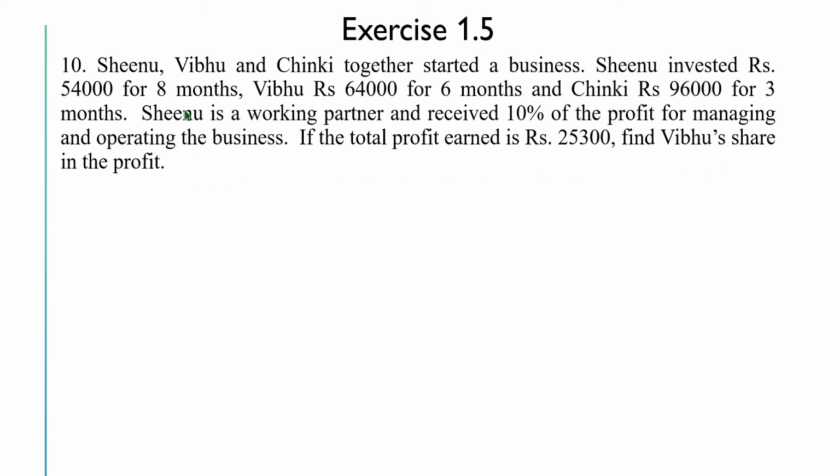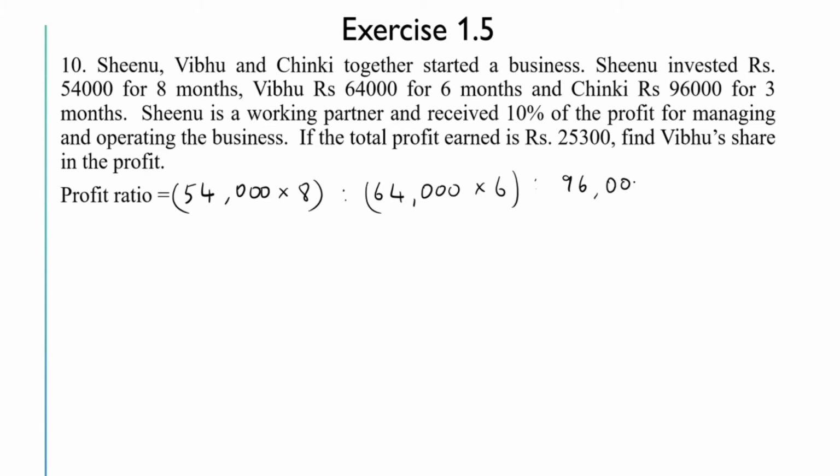The first step is we will calculate the profit ratio between Sheenu, Vibhu and Chinky. The profit ratio is given by Sheenu's investment, that is 54,000 into the time period 8 months, is to Vibhu's investment 64,000 into 6, is to 96,000 into 3. Let us divide by 3 into 1000 into 2.